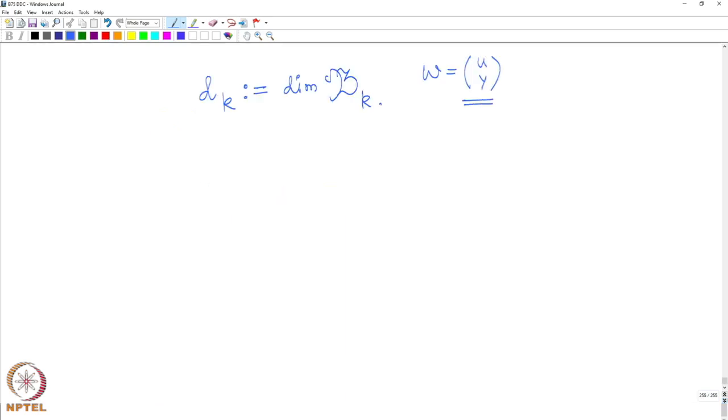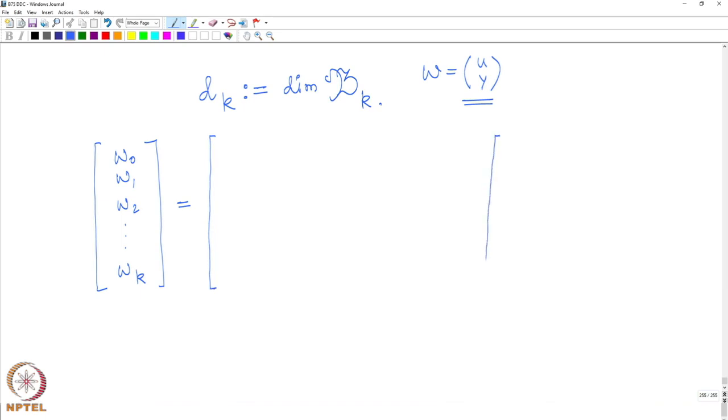If W is u y, then W0, W1, W2, up to Wk. A typical k size, the kth restriction of the trajectory W, is going to look like the following.